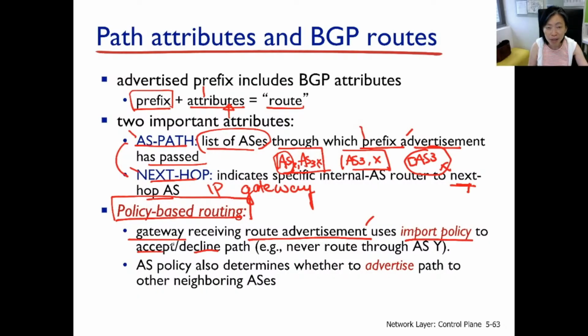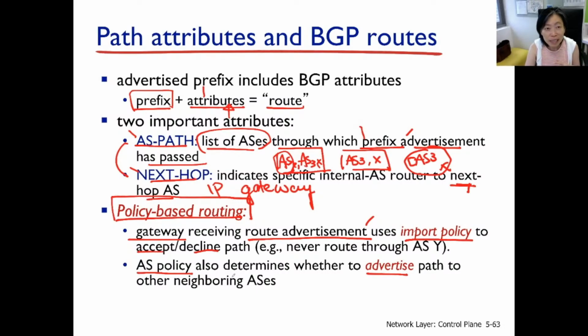Now the gateway routers in the AS receiving these accepted advertisements will then decide whether to prepend themselves and then pass the expanded advertisements to the other neighboring ASs. But you see, there are also policies the AS might apply before these other gateway routers advertise the expanded AS path to the neighboring ASs.